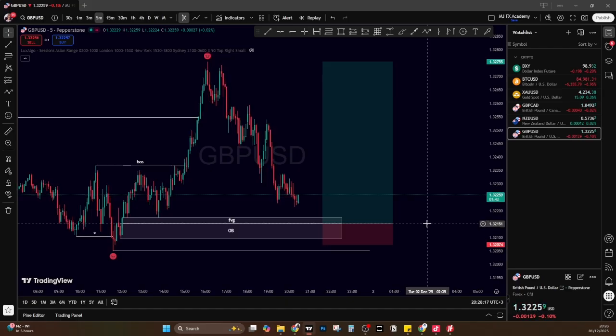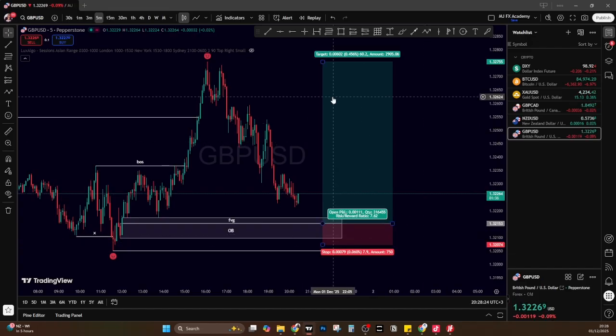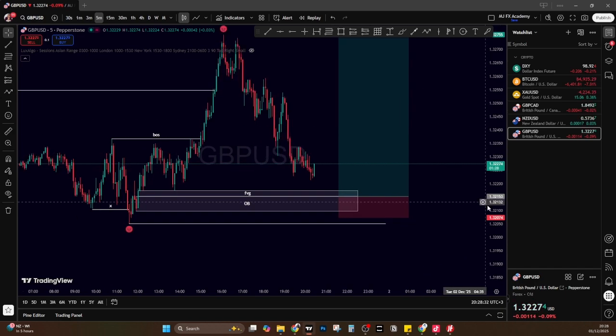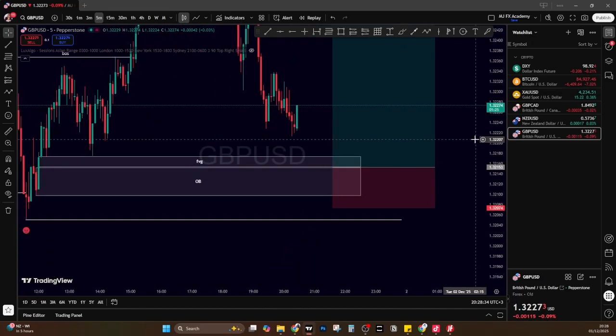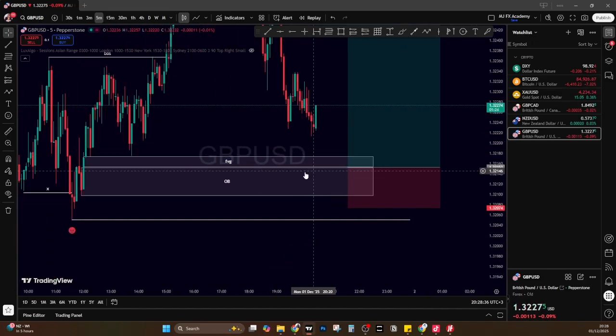So you put your order limits here, stop loss just below this, and then you target the previous high. That is like 60 pips, and that is 1:7. Another way is to wait for the market to come to your order block.